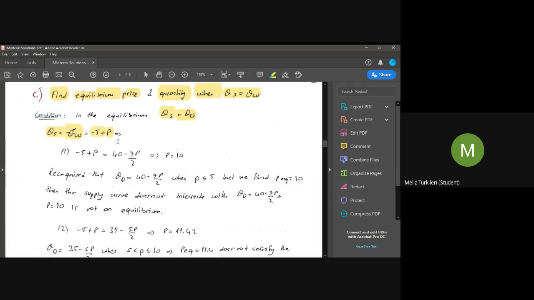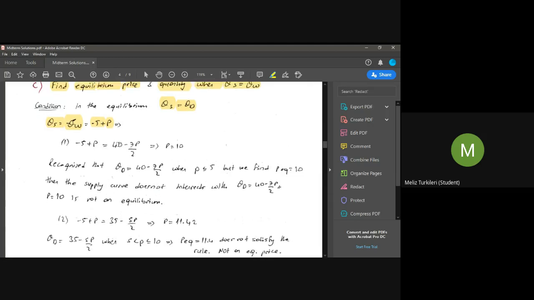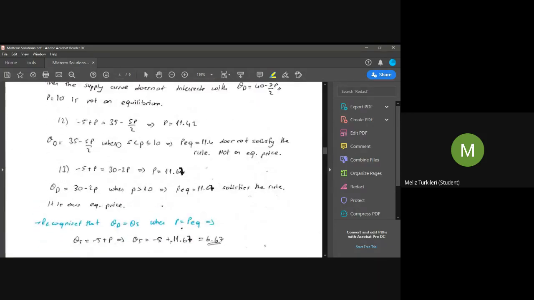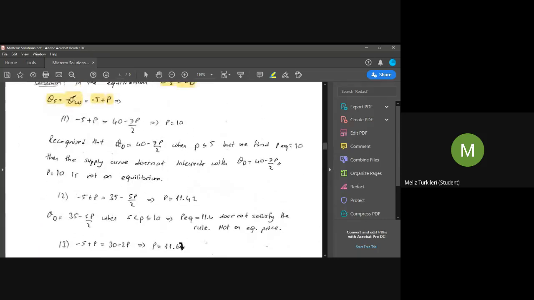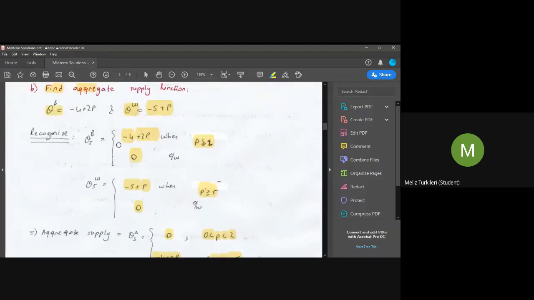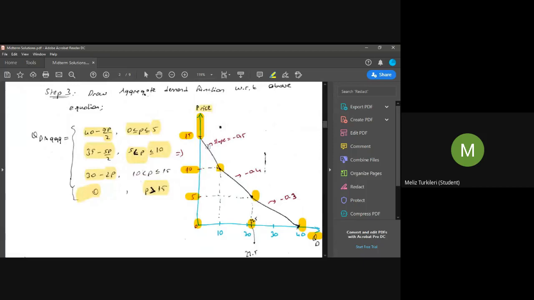Okay, so we have three different points. Let's go on to the demand graph. I want to show something to you. We have three lines with three different slopes in this aggregate demand function. So when we consider the equilibrium, we should find out in which line our supply function will intersect.